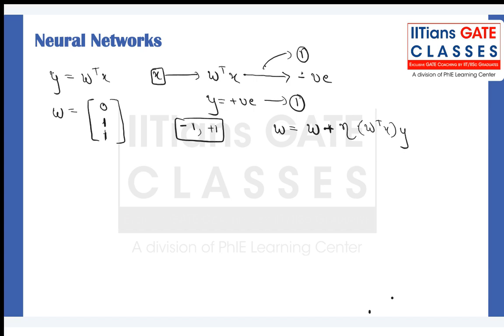When it comes to a regression model, you will again compute y equal to W transpose X. Let's say this is y hat. You will compute something called root mean squared error: y hat minus y whole square, root over. You will get some value.